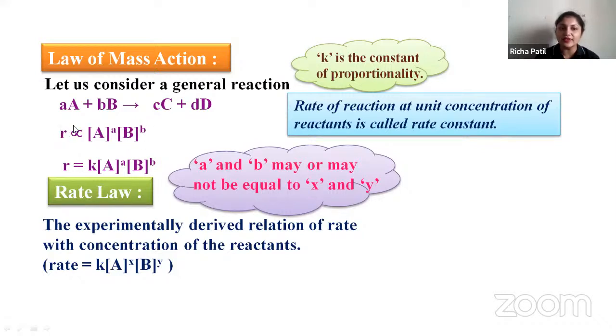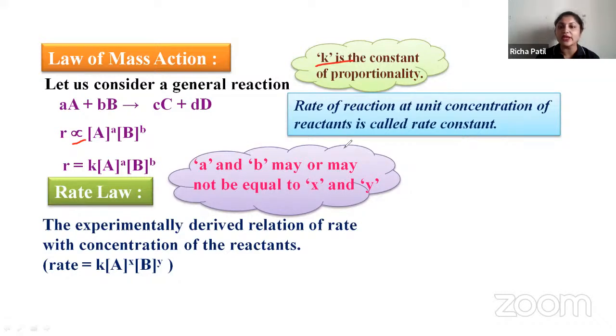The rate, written as small r, is directly proportional to the concentration of A and B. If you remove this proportionality sign, you have to introduce a small k, which is the constant of proportionality. These small a and b may or may not be equal to x and y.